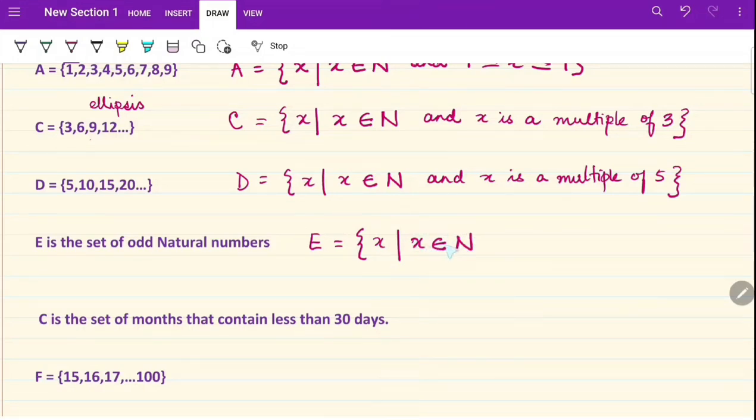So X and then the symbol for belongs to, and then N for natural numbers. And what's the next condition? That they are all odd numbers. So, and X is an odd number.